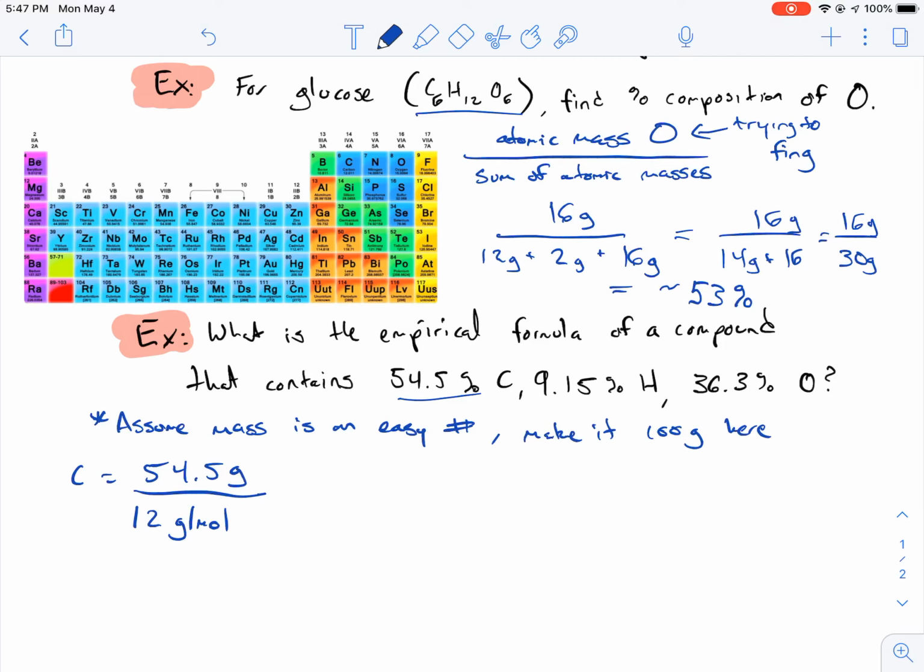Because carbon has approximately 12 for a relative atomic mass. So we're dividing the number of grams that we choose right here by the relative atomic mass. Remember, our units will cancel here, grams and grams, and we're going to be left with 4.5 moles.